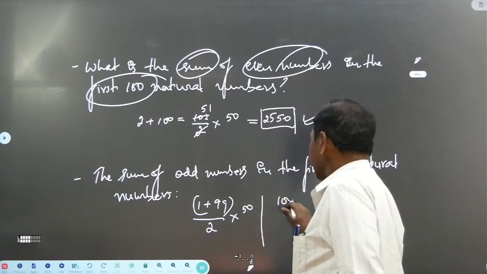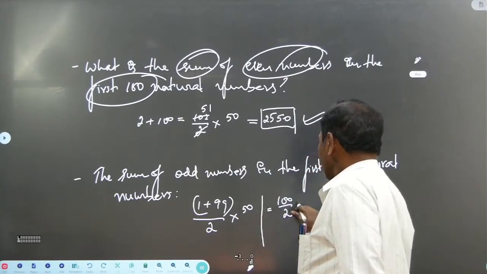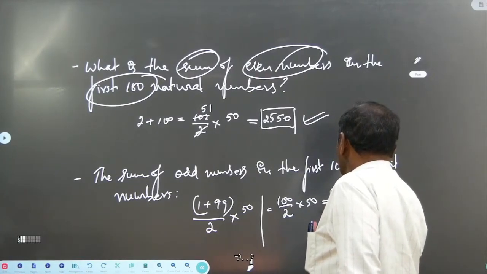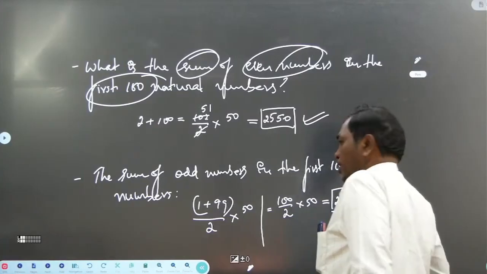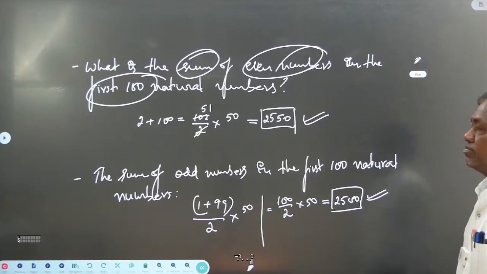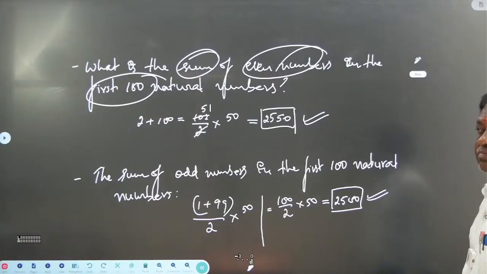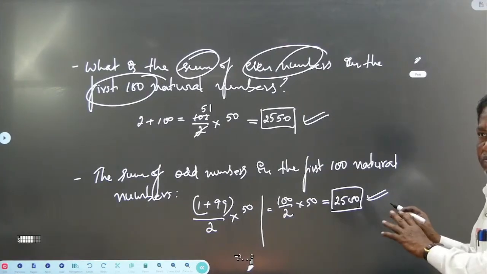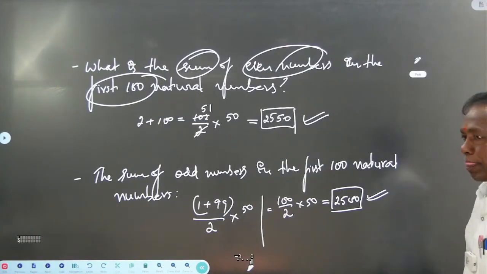Yes. So 100 by 2 into 50. It means 2500. Right. Okay. Now it's very clear information. Terminology: sum, average, consecutive numbers, first consecutive numbers. That's right.